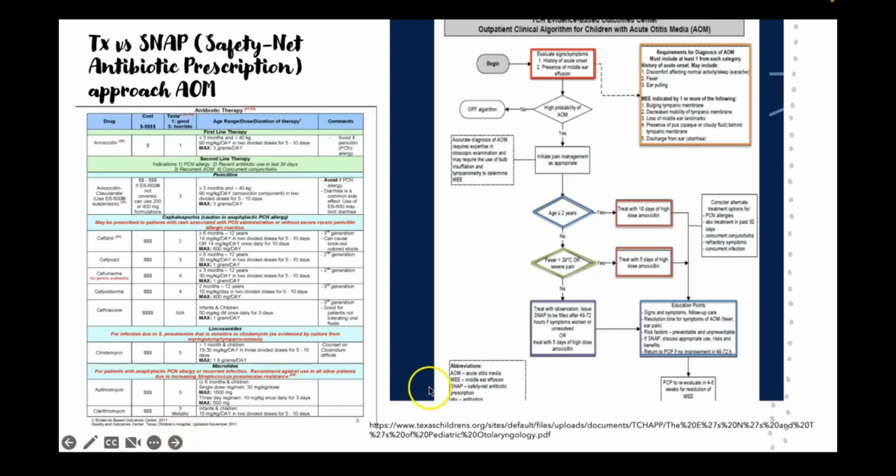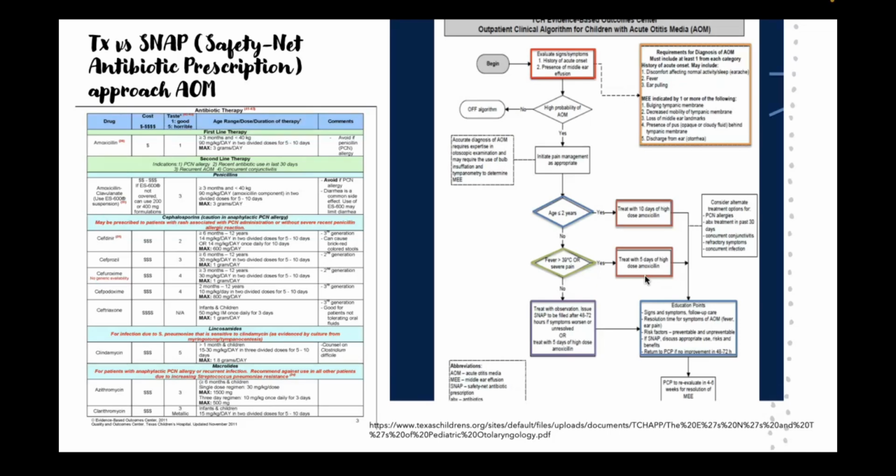I've provided here, you can pause the video to review the algorithm. As you can see, with symptoms of AOM and the child less than 2, they recommend to treat with 10 days of high-dose antibiotic. For older kids, if they have a fever or severe pain, then we treat with 5 days of high-dose amoxicillin. If you're not treating, you observe.